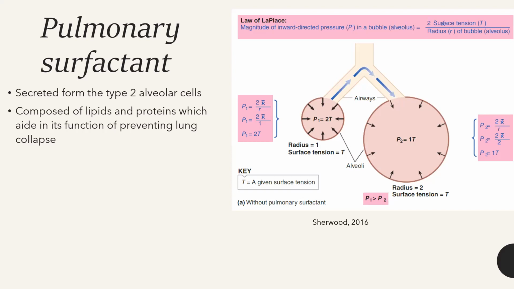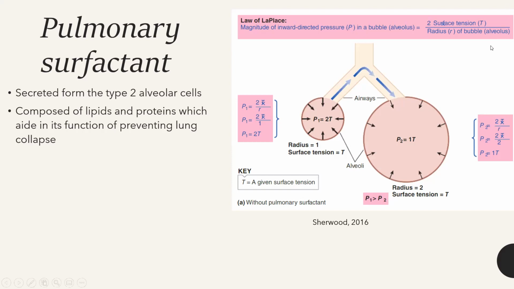It is composed of proteins and lipids, and it works to prevent lung collapse by interspersing itself between water molecules in the alveoli, decreasing the bonding between those molecules. So the surfactant will create a bond with the water molecules, but this bond is less than that of two water molecules, decreasing the alveolar tendency to collapse.